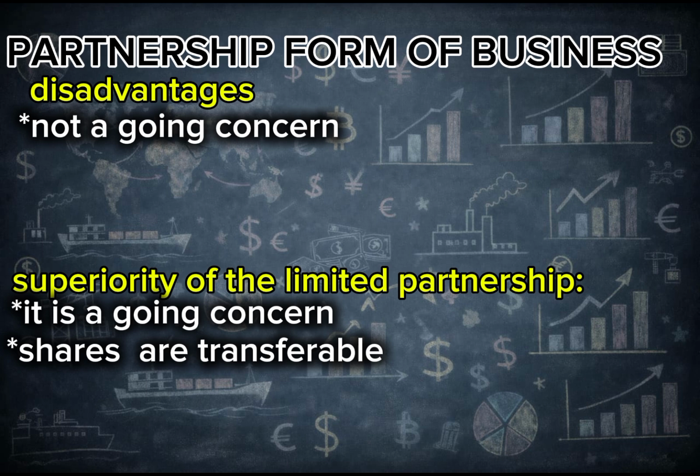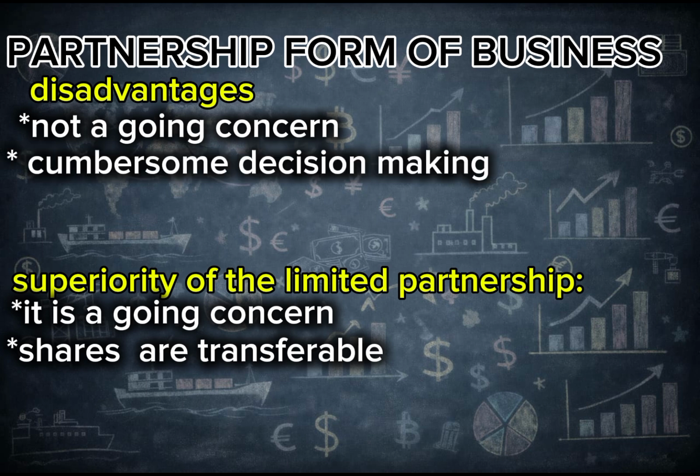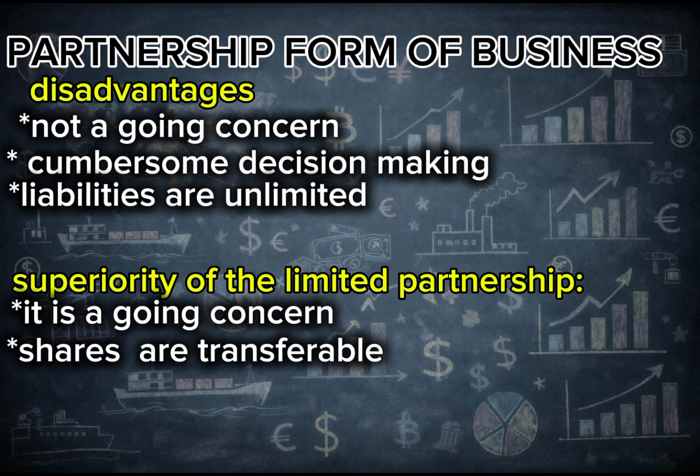I know I said two heads are better than one when it comes to decision making. However, it also makes the decision making process quite difficult because different partners have different opinions on how to move the business forward. The liabilities of the partnership is unlimited.